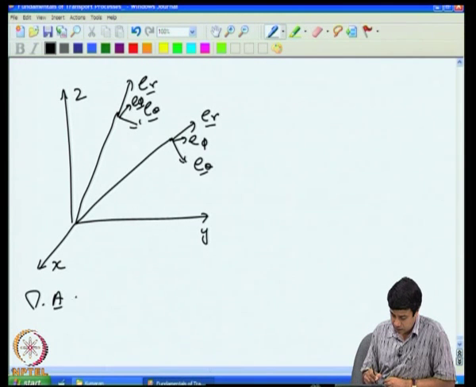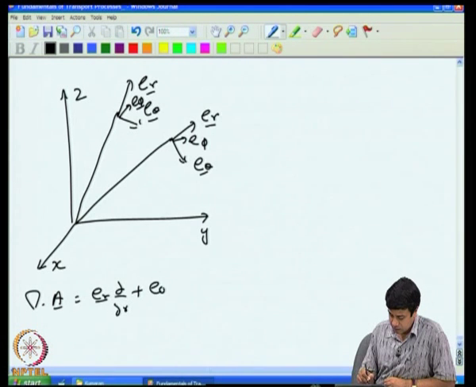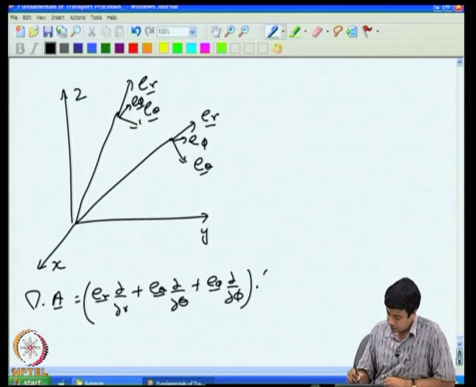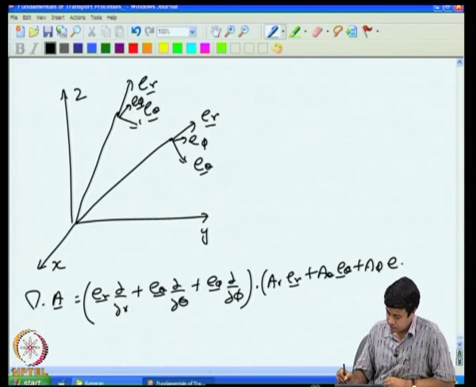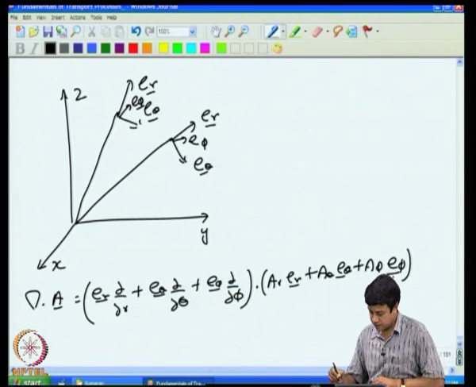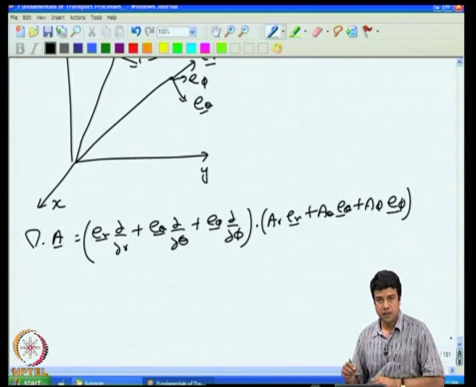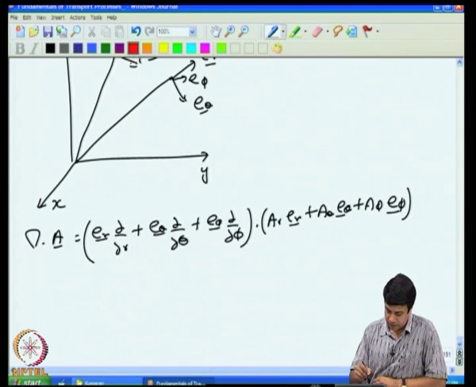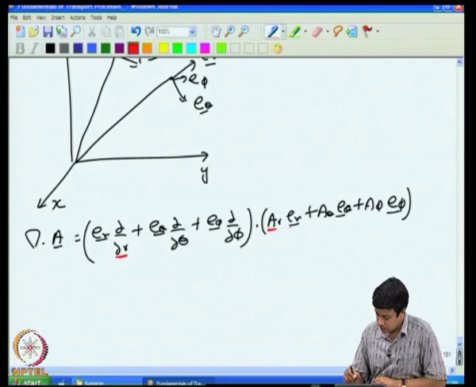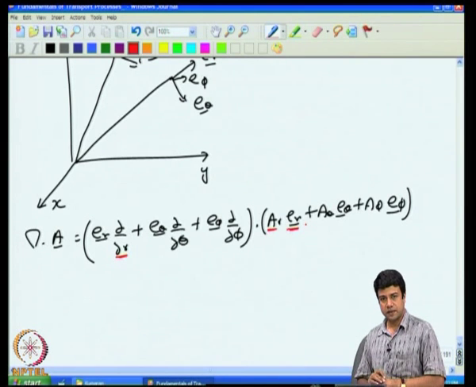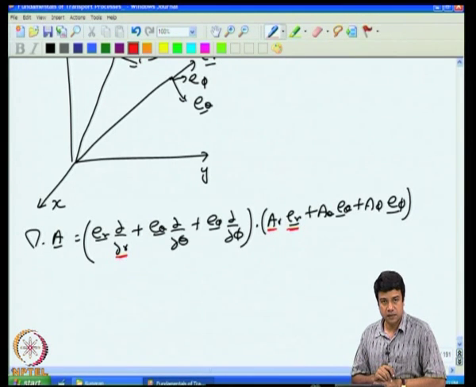del dot A is equal to E_r d by dr plus ... dotted with A_r E_r plus A theta ... Okay, when I define it in this fashion, I have to take the derivatives here both with respect to the component as well as the unit vector, and then take the dot product.